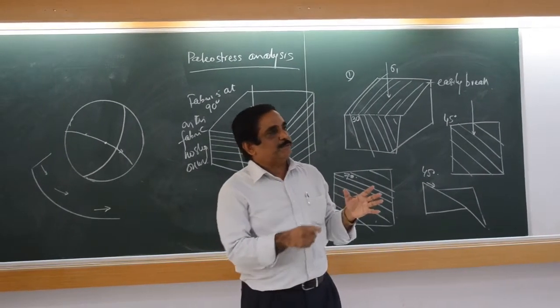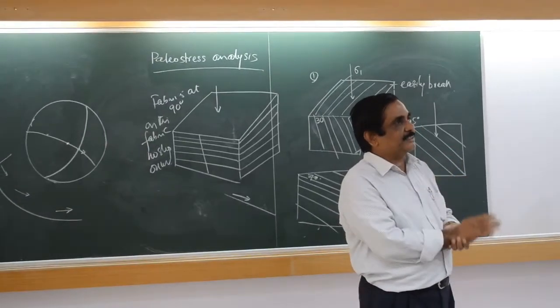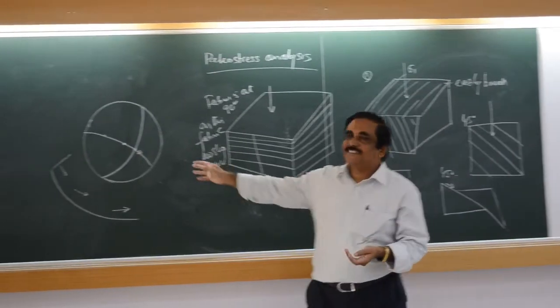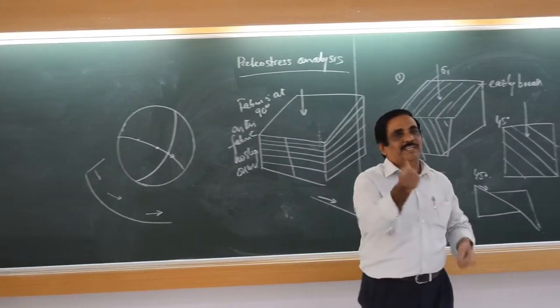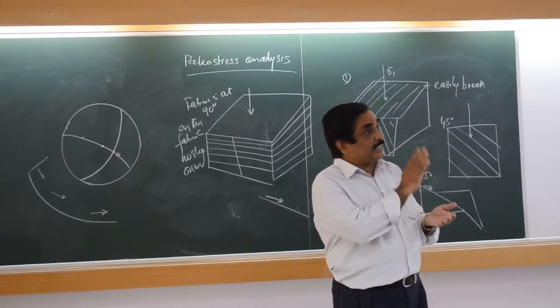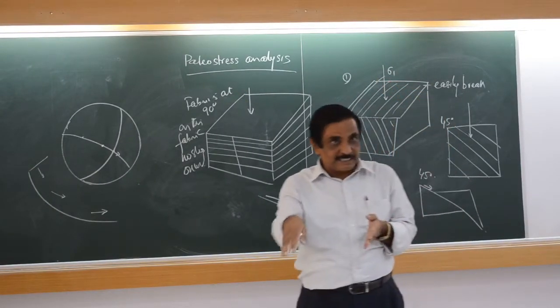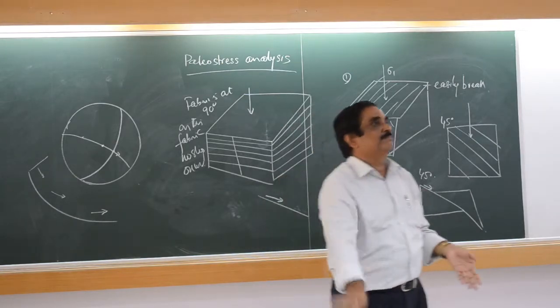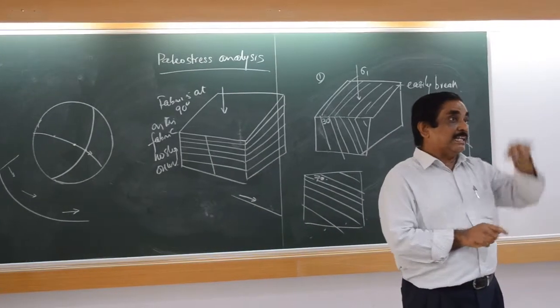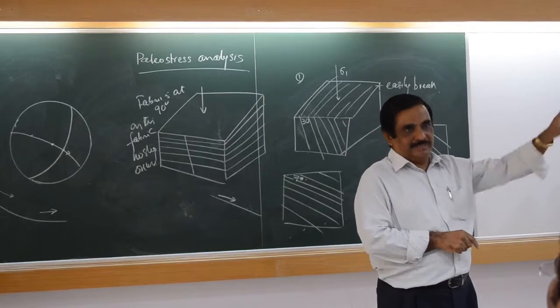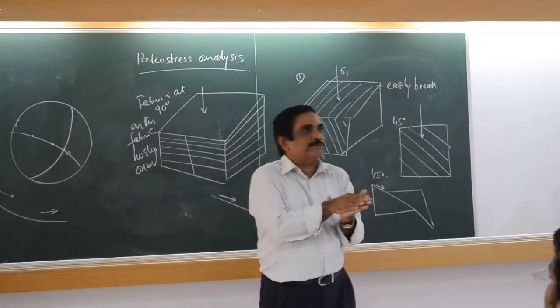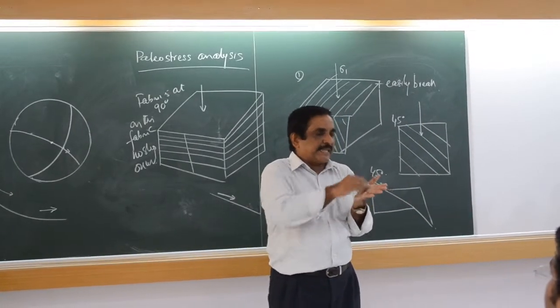So many times you will see, you can measure these lichen sites, but you cannot apply this 30 degree position. In the creation of the fault, sometimes the movement which you see as the lichen sites has taken place much later. The earlier lichen sites will be all removed. Suppose there is a fault, first time it was created and you have some lichen sites.